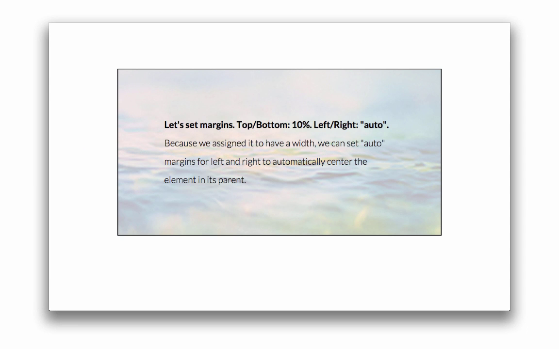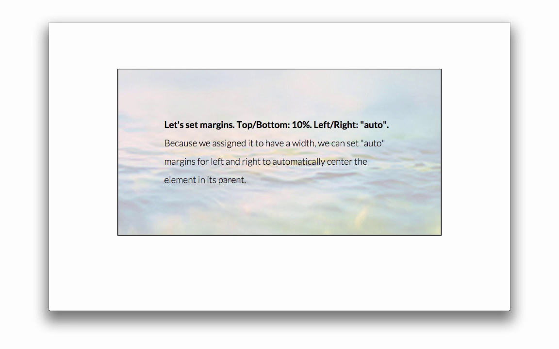This is what it does when we add margins. Notice what we've done: we've added margins to the top and bottom of 10%, and for left and right, what we would have done in the CSS is given it a value of auto. So the property name would be margin, and the value for top and bottom would be 10%, and the value for left and right would be auto.